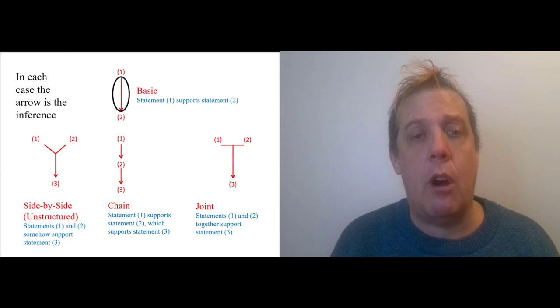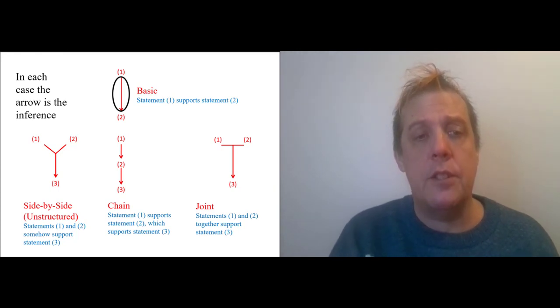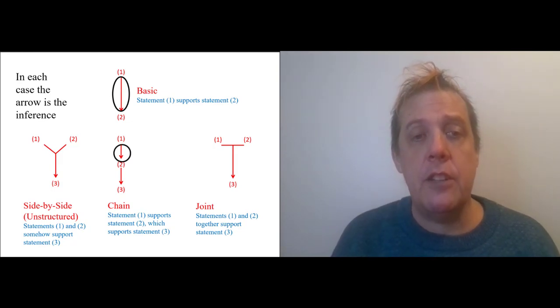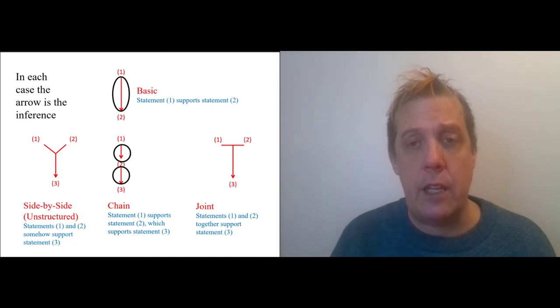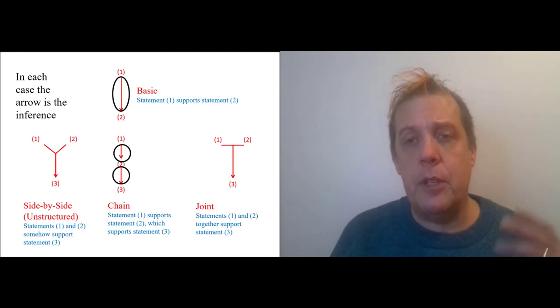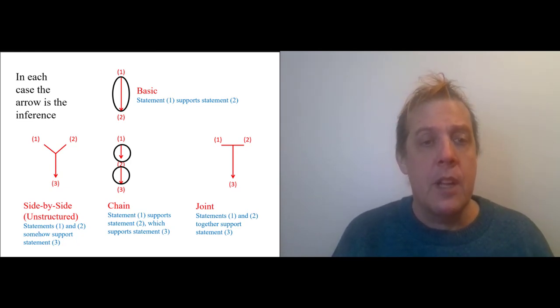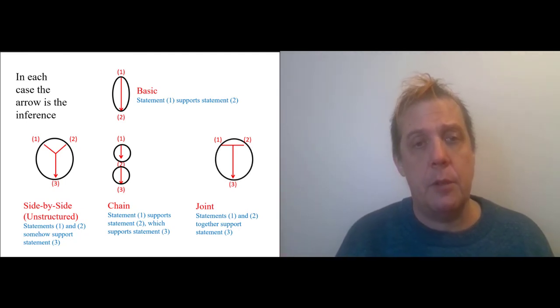So in a basic argument, you've got that one inference going from 1 to 2. In a chain argument, you've got two inferences, right? 1 to 2, and then a second inference that goes from 2 to 3. And so it'll be useful to keep track of how many inferences you're making as you go along. In unstructured reasoning, you've got one inference where two things come together, and the same thing's true for conjoint reasoning.